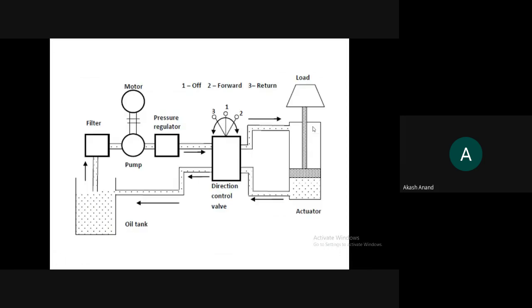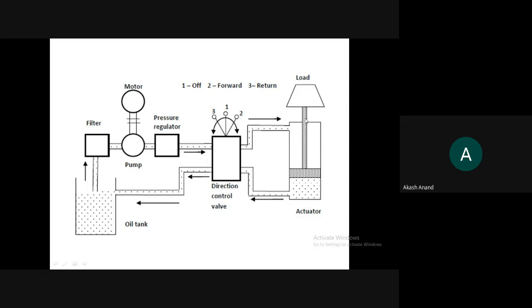You can see here that pressurized fluid will enter one section of the actuator. By expanding the fluid at this point, the movement of the actuator piston takes place. So when we focus on this device, the actuator part only, you can see that the pressurized fluid energy is converting into mechanical energy.